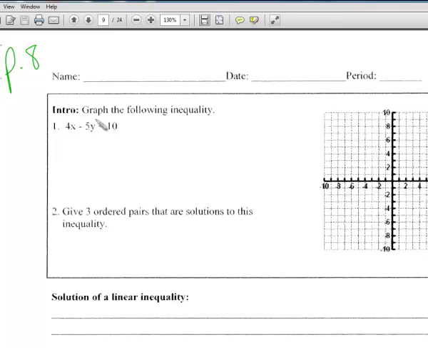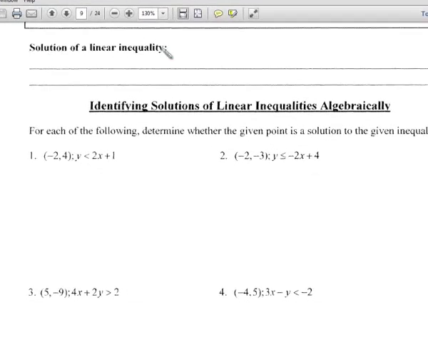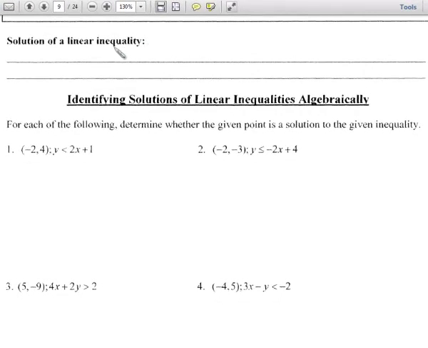You should be able to do this right here based on the last video that you watched and the work that we did yesterday. So go ahead and do that on your own. This intro part, number 1 and number 2, is all on your own. And then go ahead and write the solution of a linear inequality. We did that yesterday.